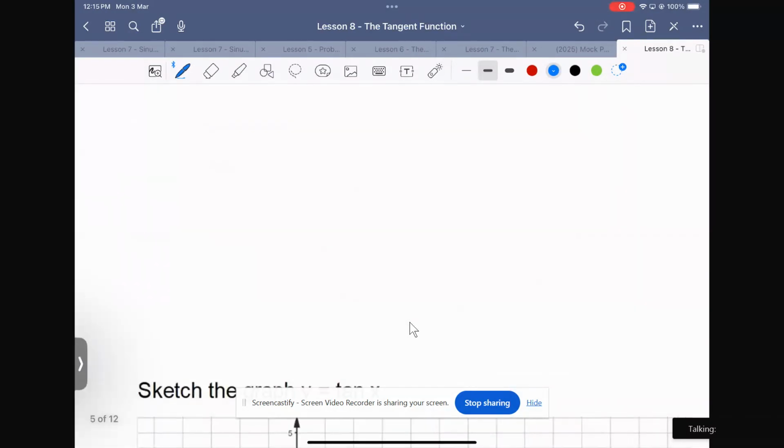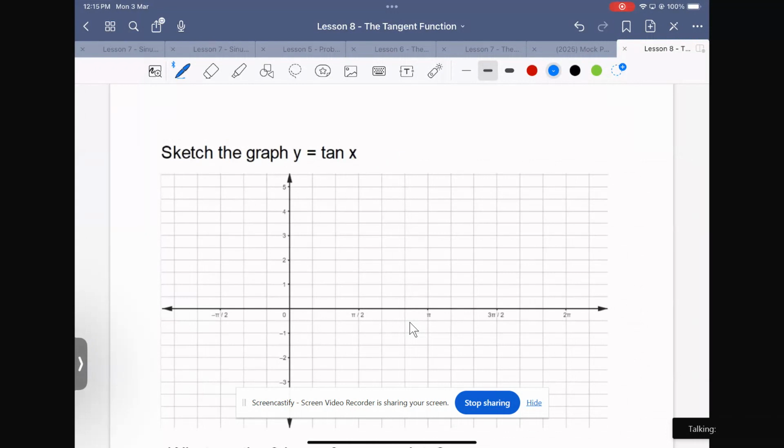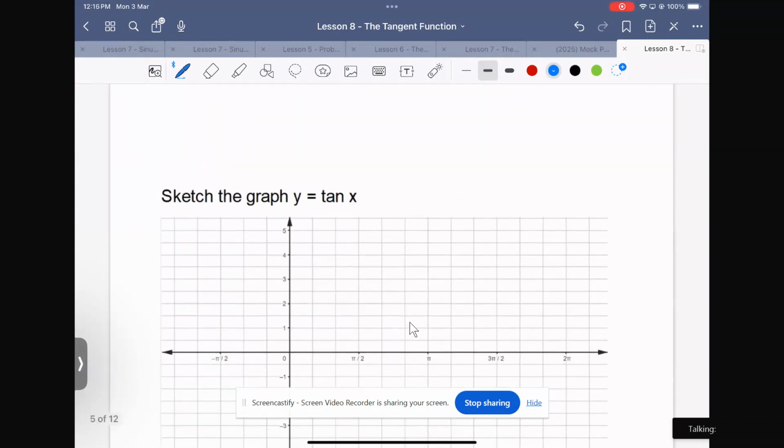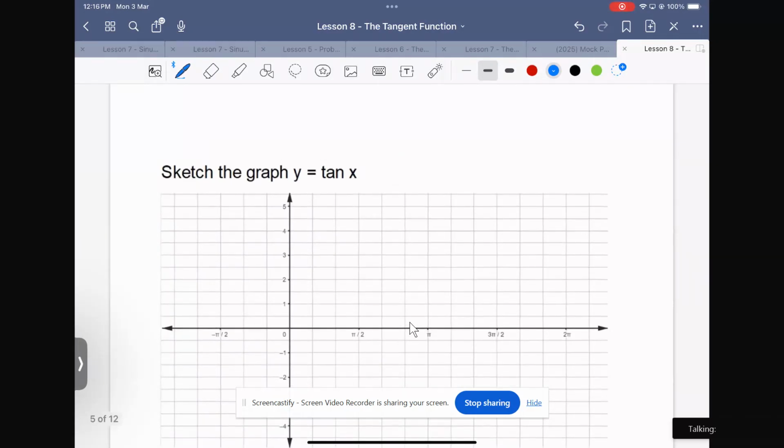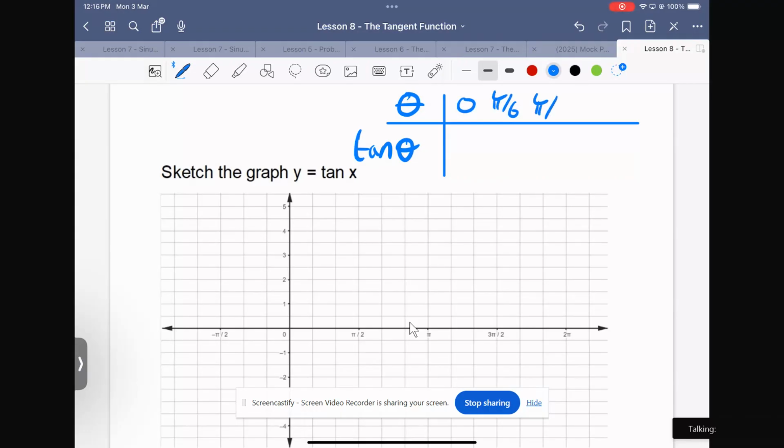So can we sketch this? Well, let's have a look at what we do know. As theta and tan theta, we could use the exact value table a little bit. We start here, we go at pi over 6, pi over 4, pi over 3, pi over 2. What are the values from the exact value table for this period? 0.